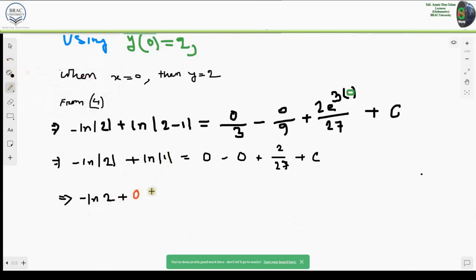So we have just 2 over 27 on the right side plus constant c.